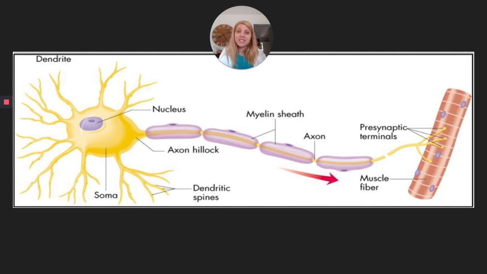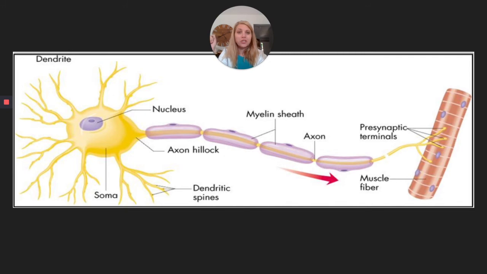But the message itself is a chemical one, and it is made up of tiny molecules known as neurotransmitters.